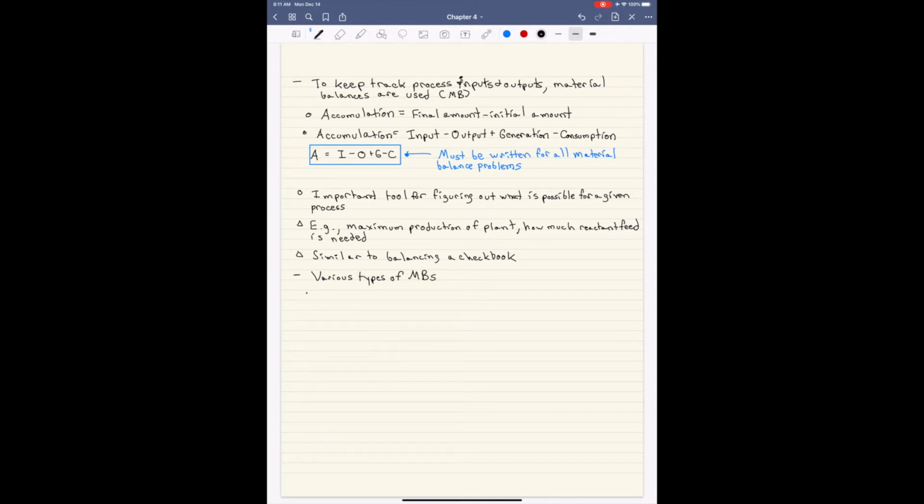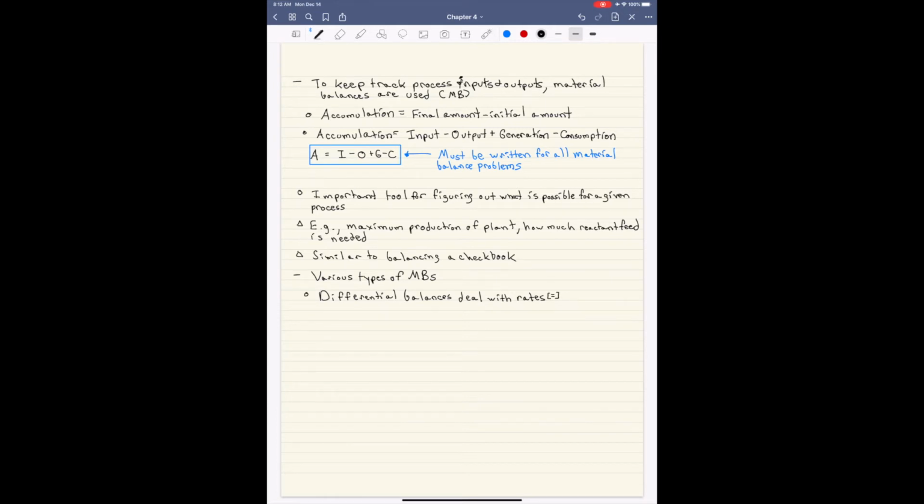All right? And so the two classes of material balances that you'll deal with are differential balances. And so these have to deal with anything that involves a rate. And so the key here is to look at units.